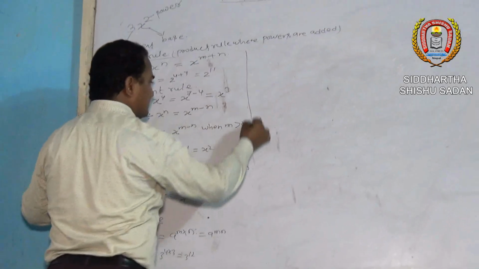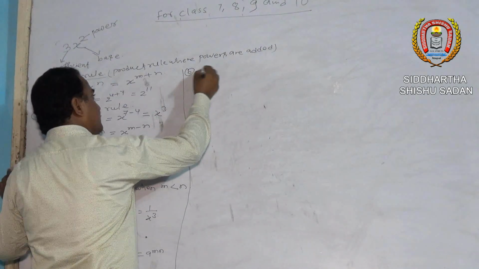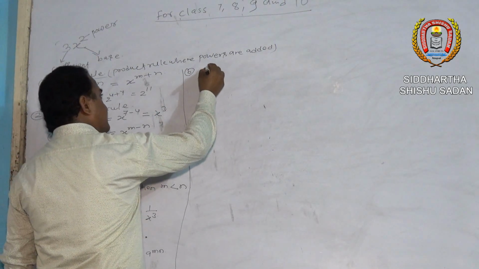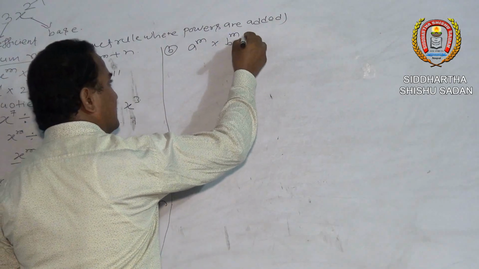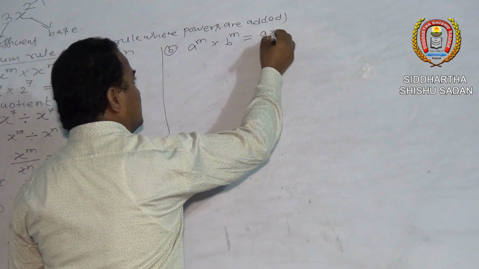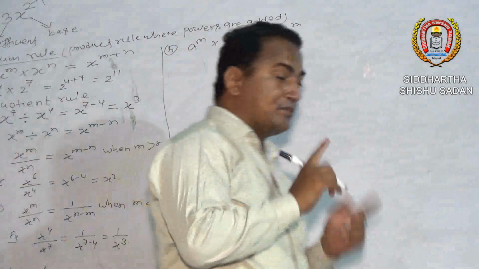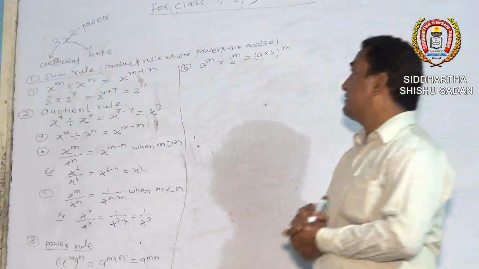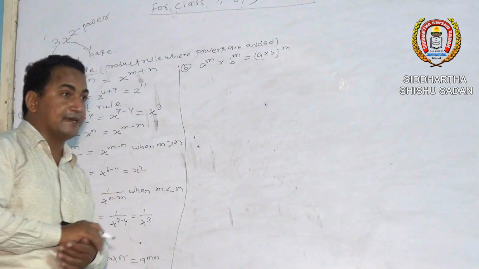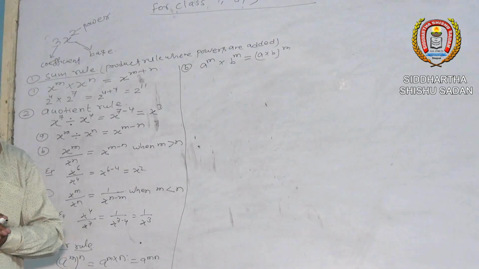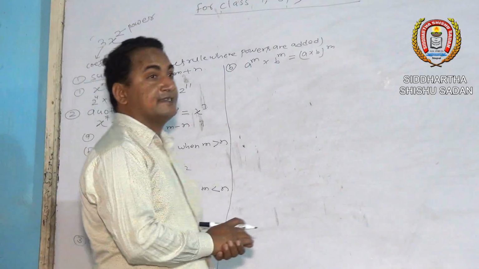Next, B. A to the power m into b to the power m is equal to a into b whole to the power m. It means if there are two bases in multiplication and they have the same power, then take the power common and put the bases in multiplication.